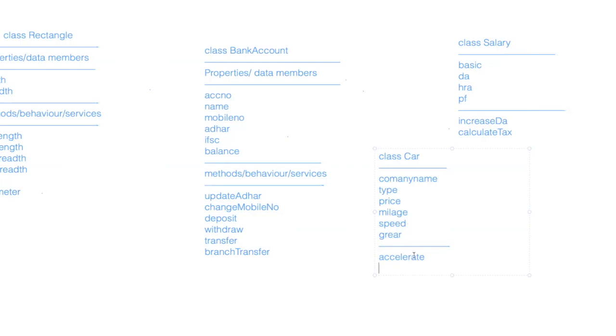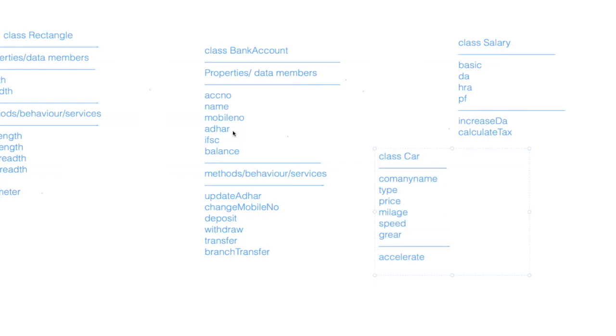By changing the gear up, gear down, gear is going to be impacted. And the price and company name will not vary, right? Yes, sir. They will not vary. So most of the times we will only apply get methods for those. Getters and setters only can be possible for these things, remaining things, right?